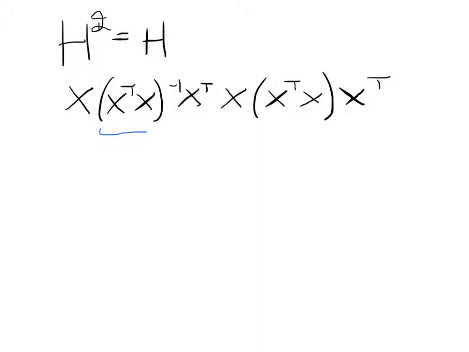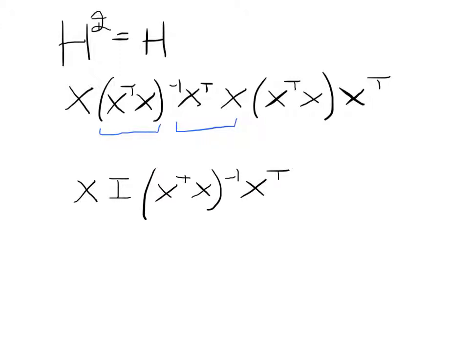We have (X transpose X) inverse multiplied by X transpose X, so of course this reduces to X multiplied by an identity matrix multiplied by (X transpose X) inverse multiplied by X transpose. Anything multiplied by an identity matrix gives you itself back, so X (X transpose X) inverse X transpose.